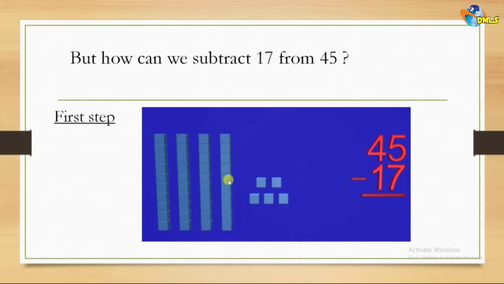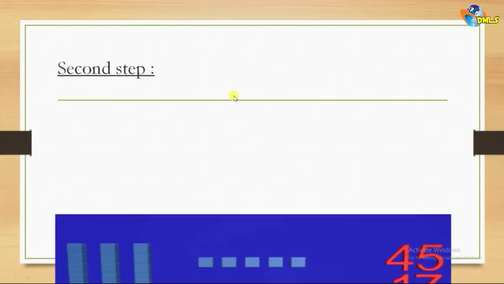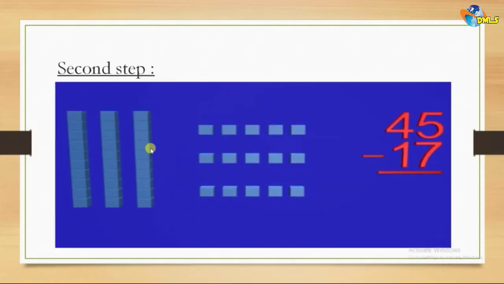Here I have 4 tens, but in step number 2, here I have 3 tens, because I regroup 1 ten to 10 ones. Here I have the 5 ones, 1, 2, 3, 4, 5.